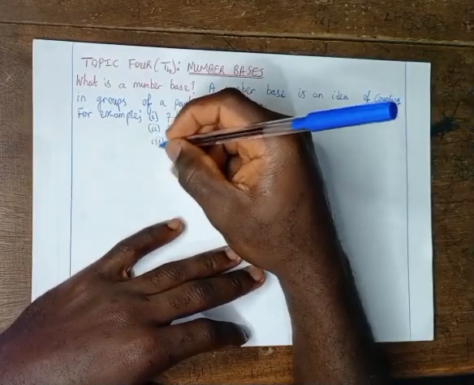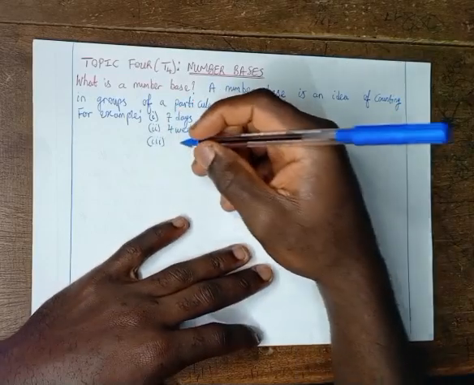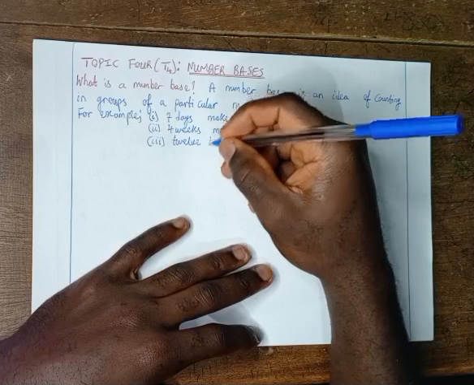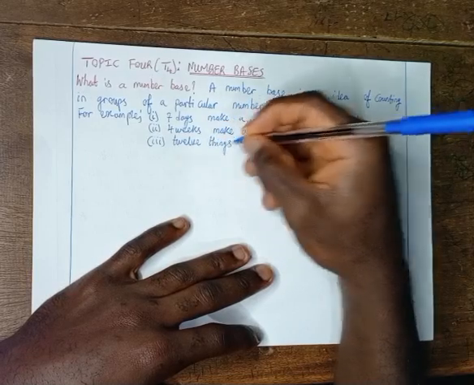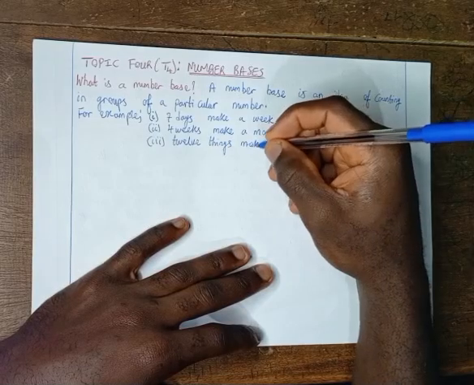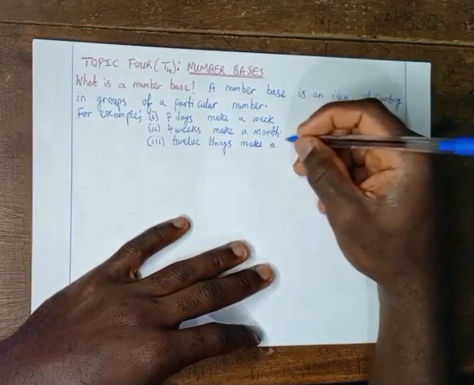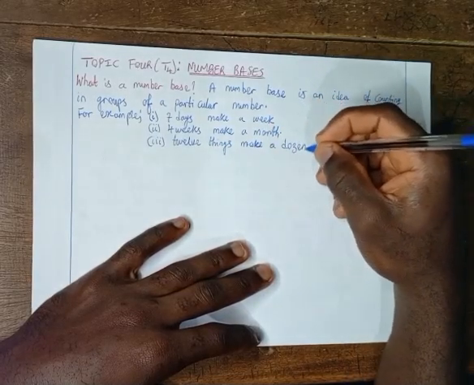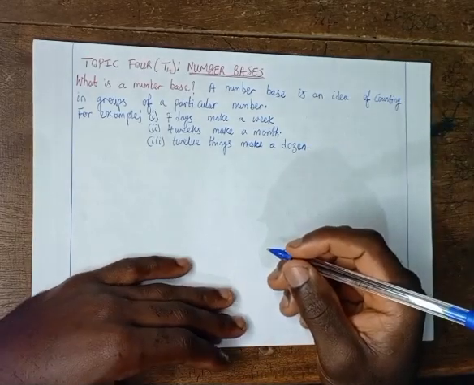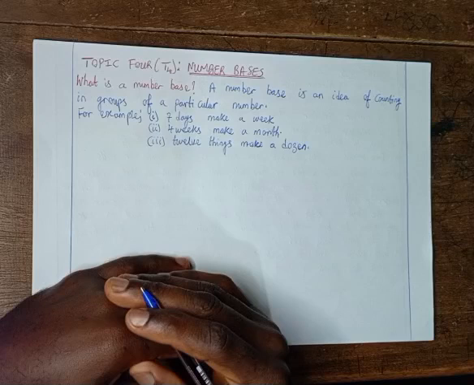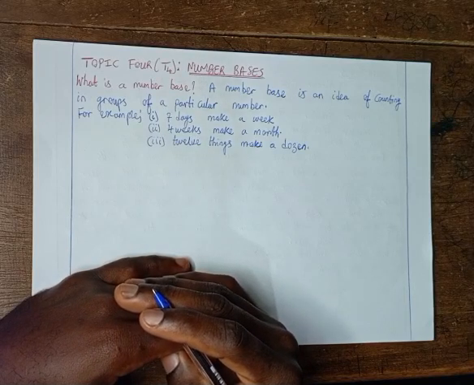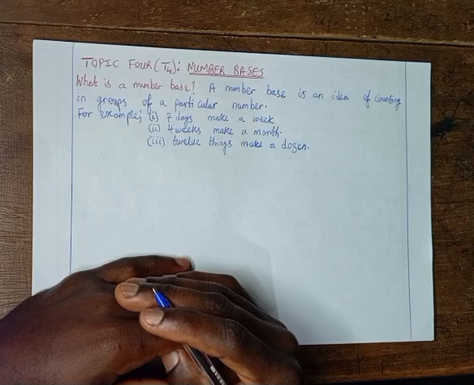Next, we know 12 things make a dozen. These are examples of real life situations where number bases are applied.